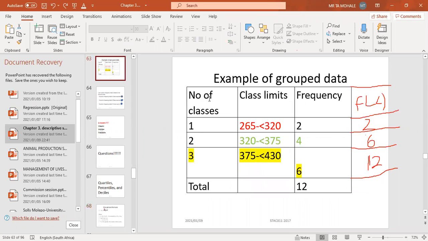So 4 multiplied by 12 over 10, what is the answer? 4,8. And then where is it cumulated? 6. And therefore you can do your substitutions, like your lower class limit, you know it, and so forth. So you just do substitutions there. We play with numbers.